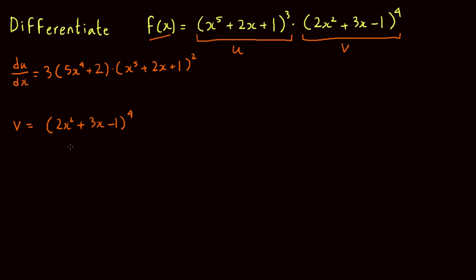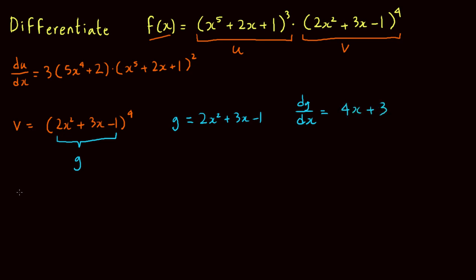Again, we're also going to use the chain rule here, so I'm going to take this in terms of g. So g is equal to 2x^2 + 3x - 1. Therefore dg/dx is simply 4x + 3.